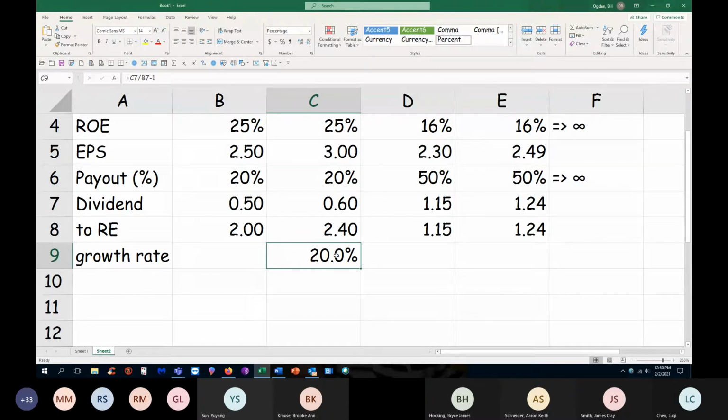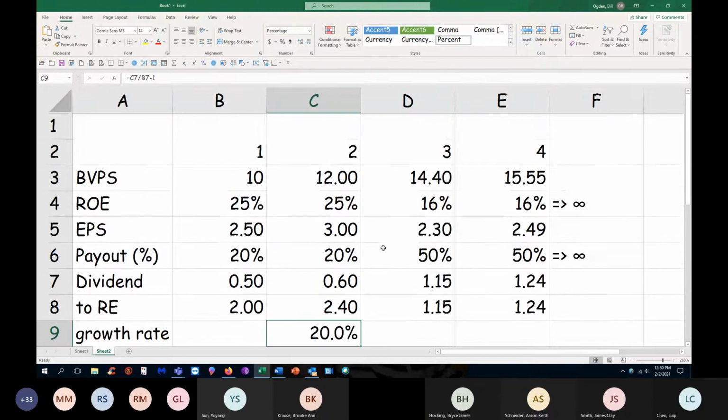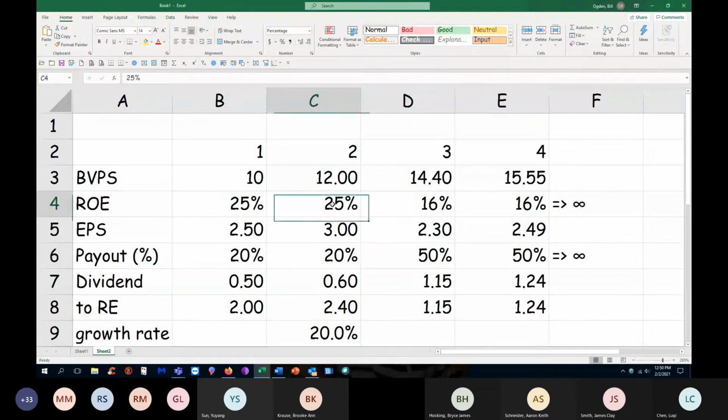Now, the growth between years 2 and 3 is a bit meaningless, and that's for a couple of reasons. Here they are right here, this one and this one. You can see we're not maintaining a constant ROE or payout ratio. So we're kind of doing a regime shift here to a different way of running the company.